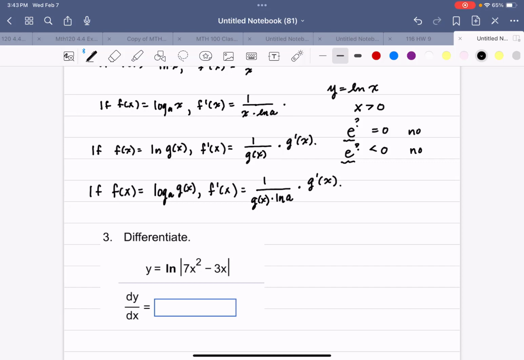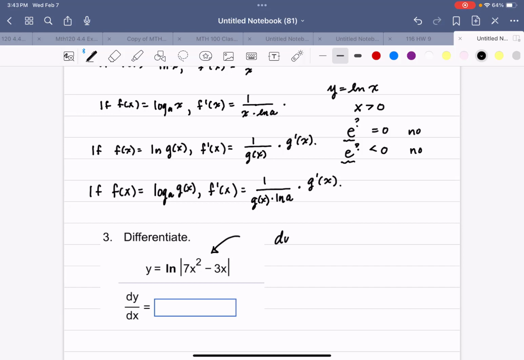Again, positive base, no matter the power, positive or negative, you're going to always get a positive number. However, this allows us to have a larger domain on our function, because we're saying you can get a negative in there because before we take that natural log, we're going to take its absolute value and make it positive. You can see it affects the derivative very little.